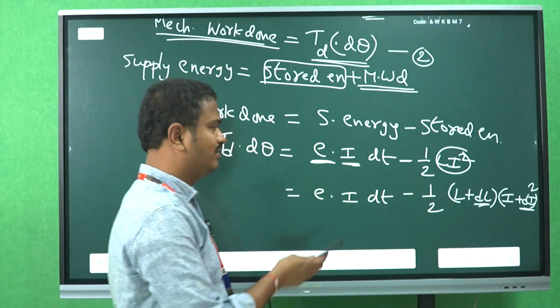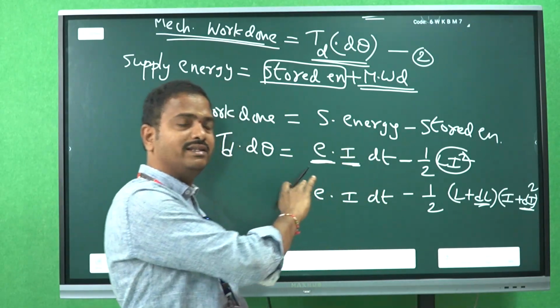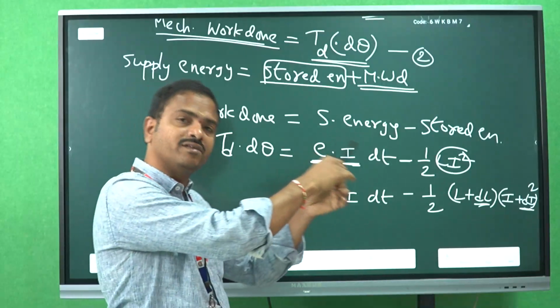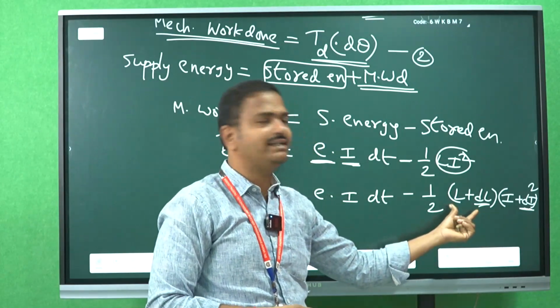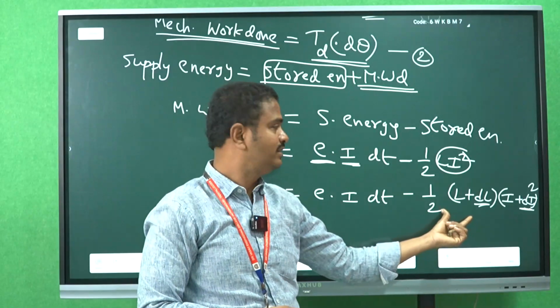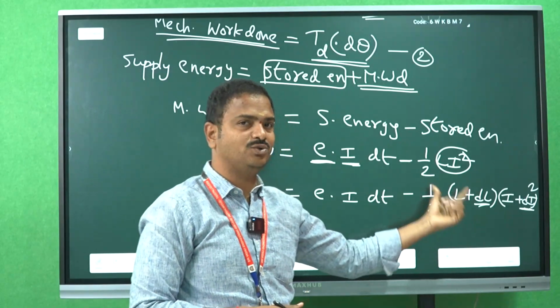Whenever the ammeter is connected in the circuit, the current changes from 0 to the final value, say 4 amperes. Due to this current change, inductance also changes inside the instrument, so we have to consider the stored energy changes.